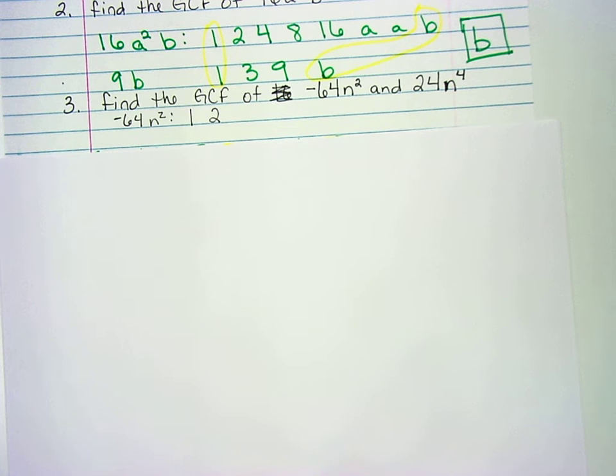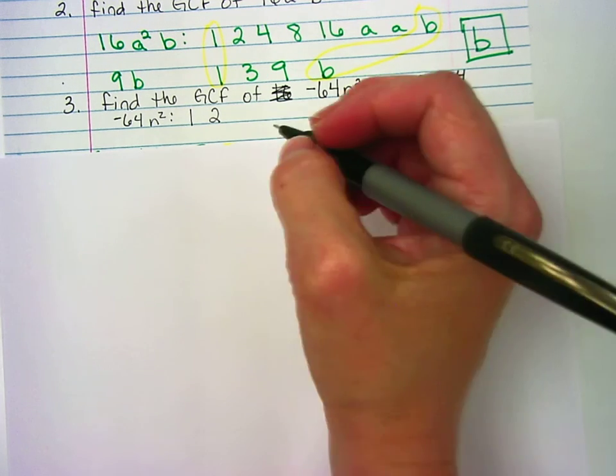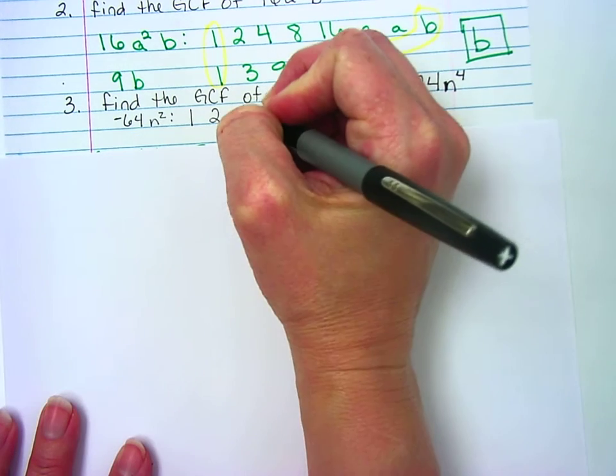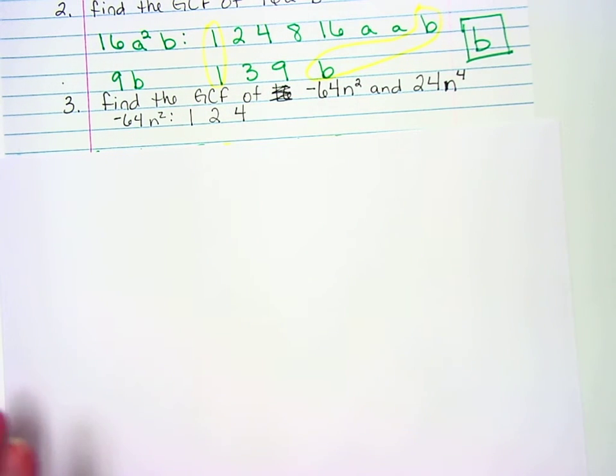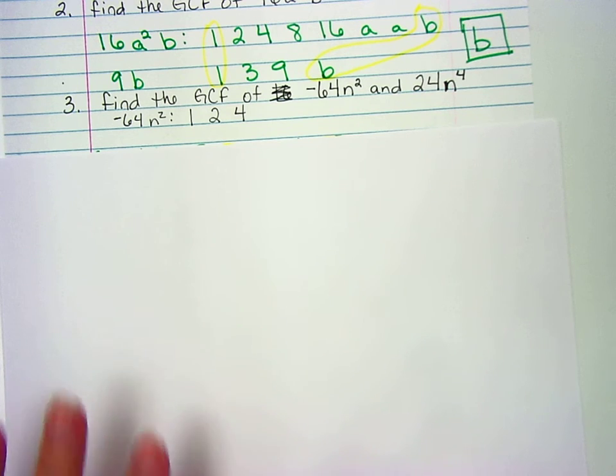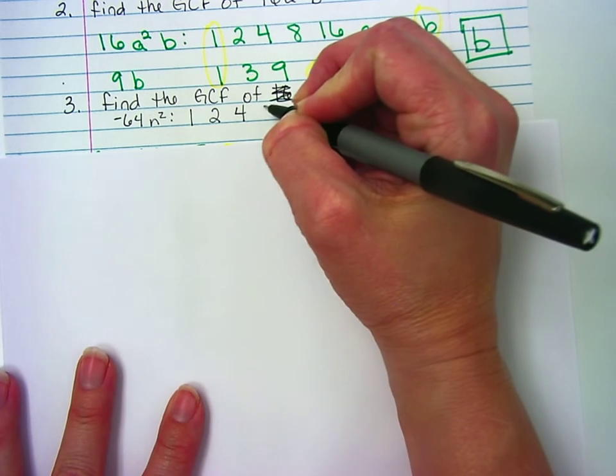Just want to check. Yep, 16. So we have 4. 3 does not go into 64 because if I add 6 and 4 up, I don't get a number that's divisible by 3. 5, 6 is not, 7, 8 is divisible by, 64 is divisible by 8.